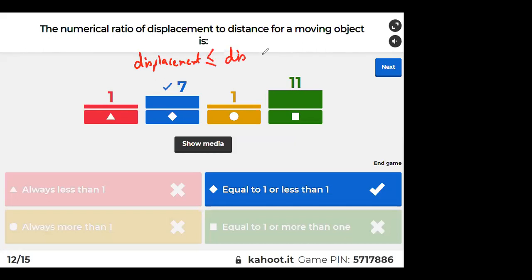So if you take this to this side, what will happen? Displacement by distance is less than or equal to 1. Yes or no? Is everyone understanding? Okay, Varsha, no issues, but I hope all of you are getting this. Okay, next.